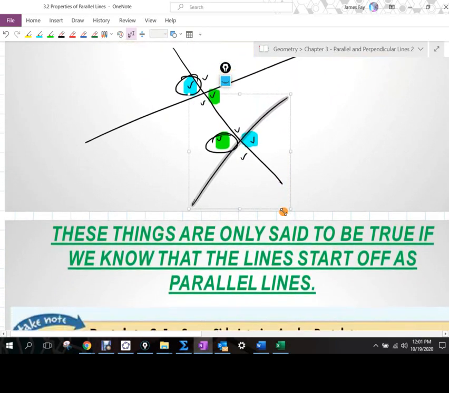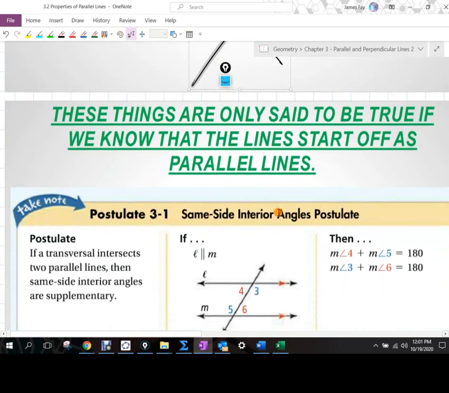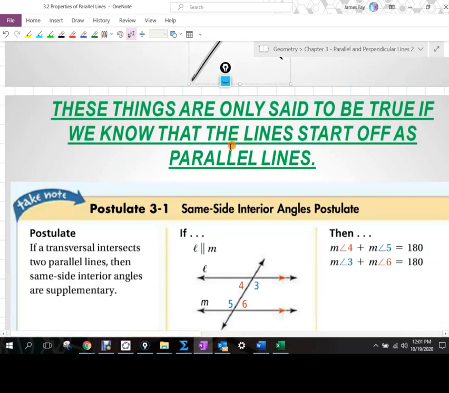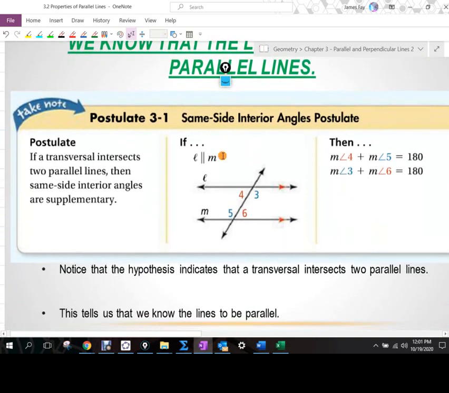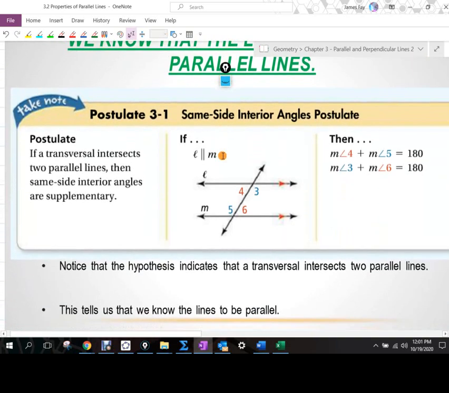Today, we're going to take those two lines and we're going to make them parallel, okay? These things are only said to be true if we know that the lines start off as parallel lines. So we get these postulates. In some textbooks, basically what we have here is 4 statements, 4 congruencies.